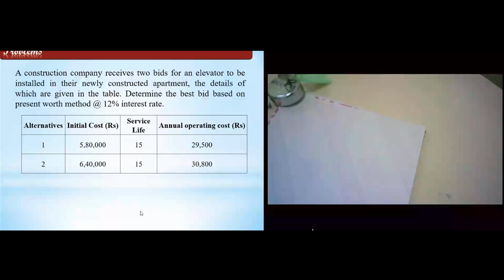Always in the numericals we will mention the type of method which you need to use.